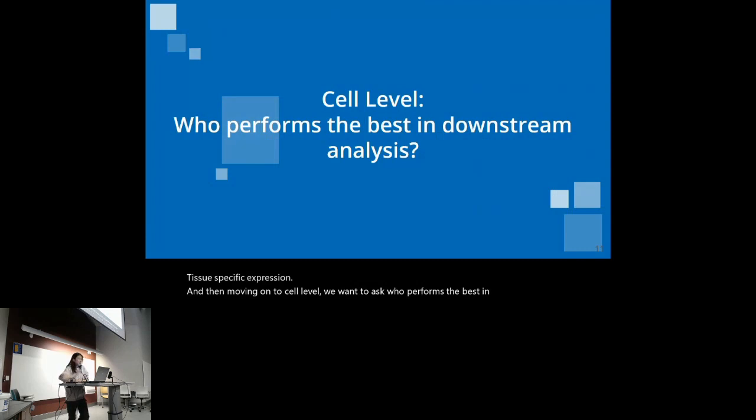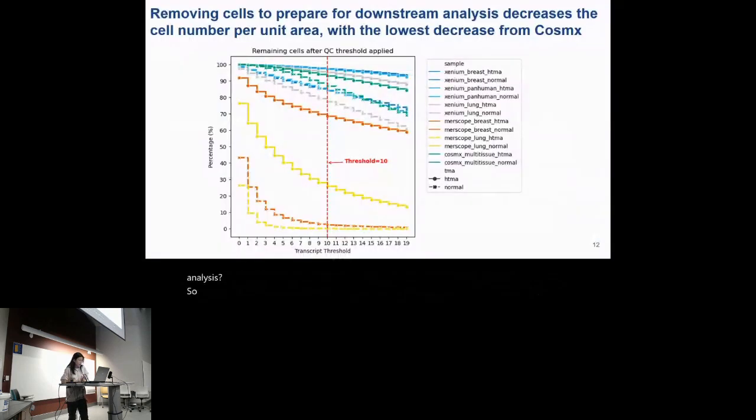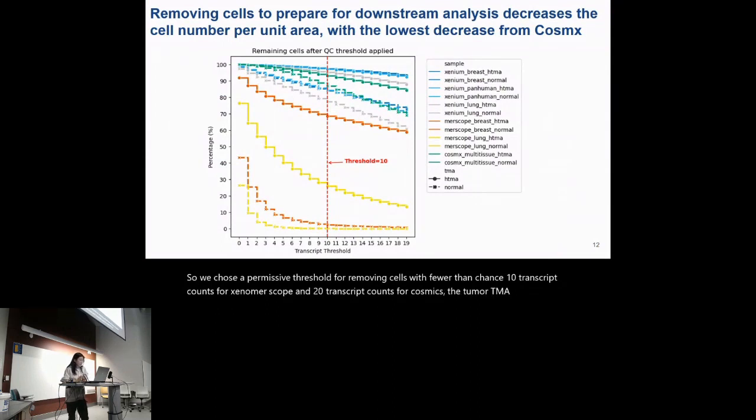So we chose a permissive threshold for removing cells with fewer than 10 transcript counts for Xenium and Merscope and 20 transcript counts for CosMx. The tumor TMA consistently had a greater fraction of cells passing the filtration, around 90%. And the normal tissue TMA had overall lower cell retention performance.